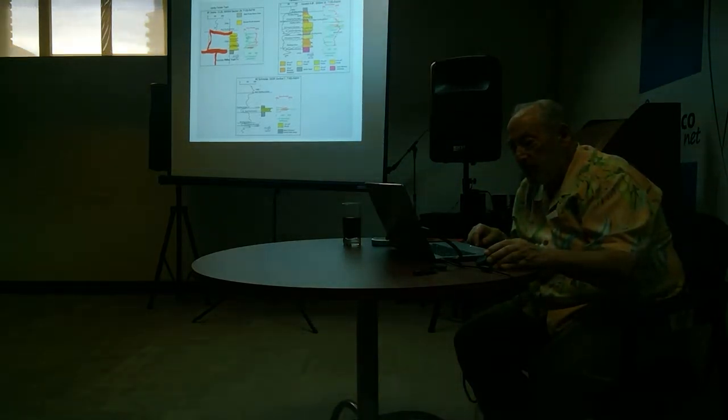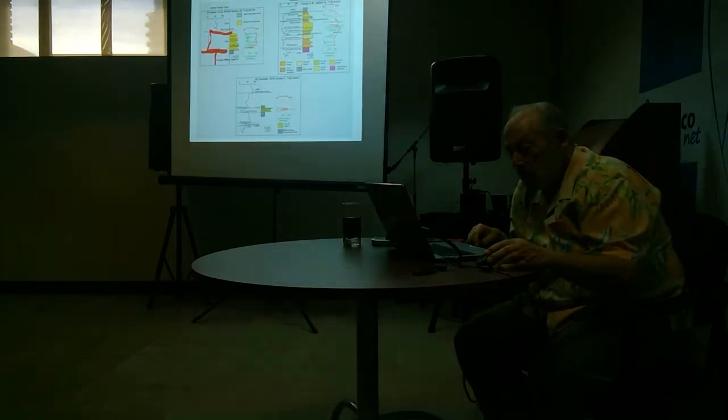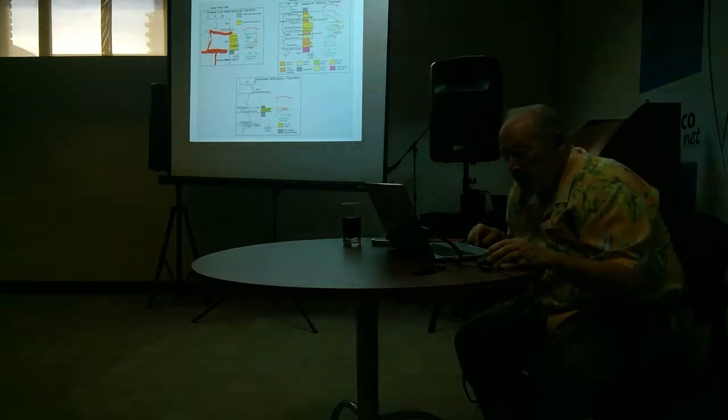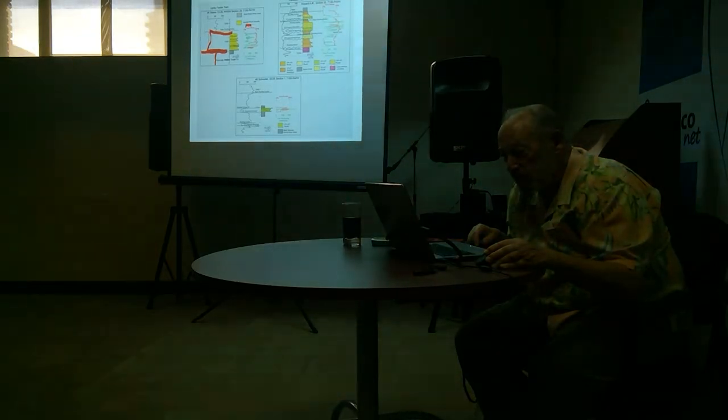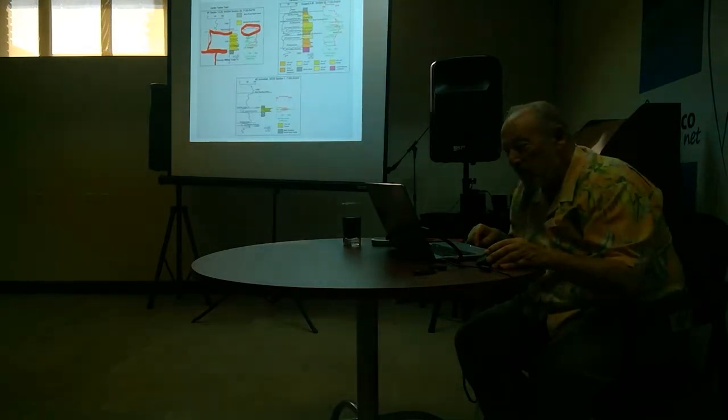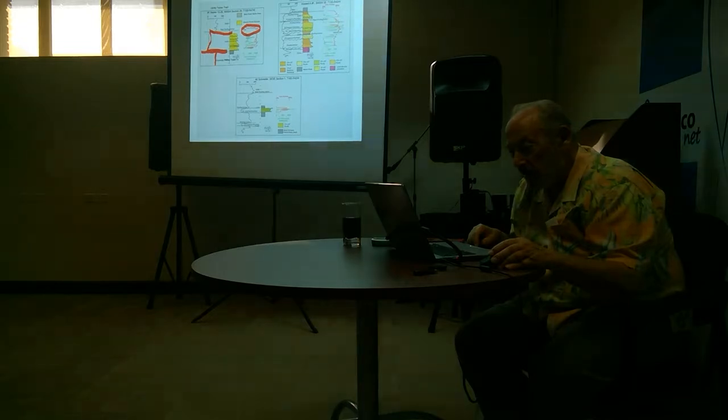Permeability is alternating, say, highs and lows, highs and lows. Excuse me, this is porosity. Highs and lows, highs and lows. Porosity is the red.